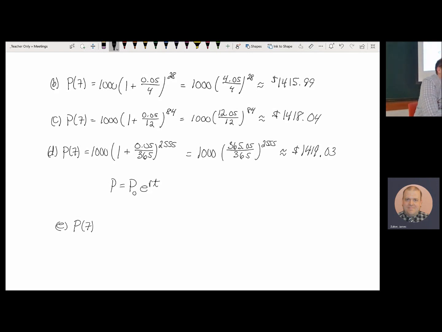Again, to fully appreciate that, you need calculus. So it'd be 1,000 e to the 0.35.